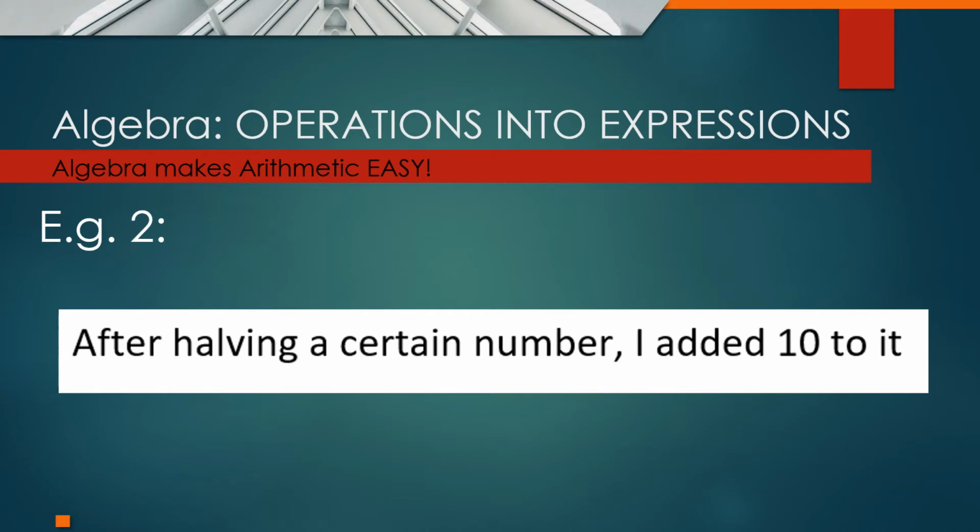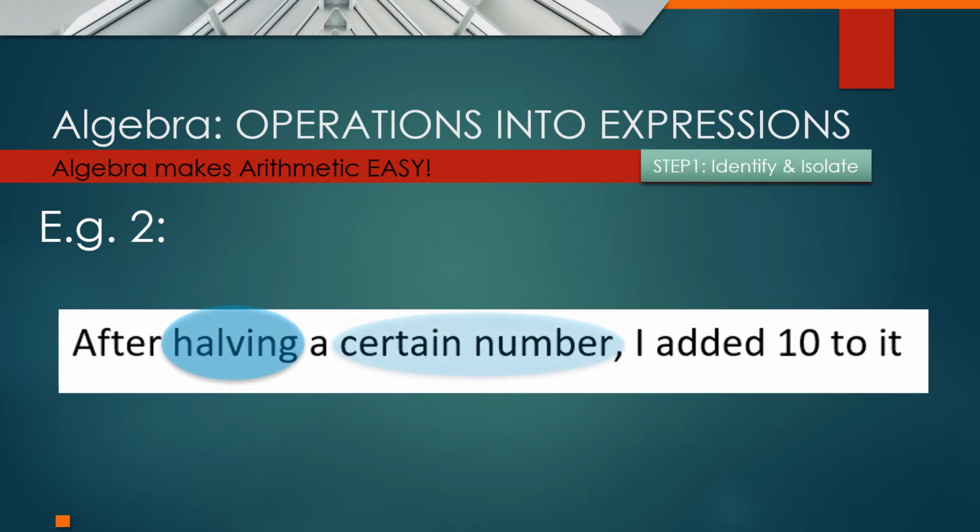Example 2 is similar. After halving a certain number, I added 10 to it. First step, identify and isolate. Halving is a mathematical word as well as is certain number. In this case, added is a mathematical word. Second step, replace and symbolize. Halving can be replaced by the fraction of 1/2 and a multiplication sign.